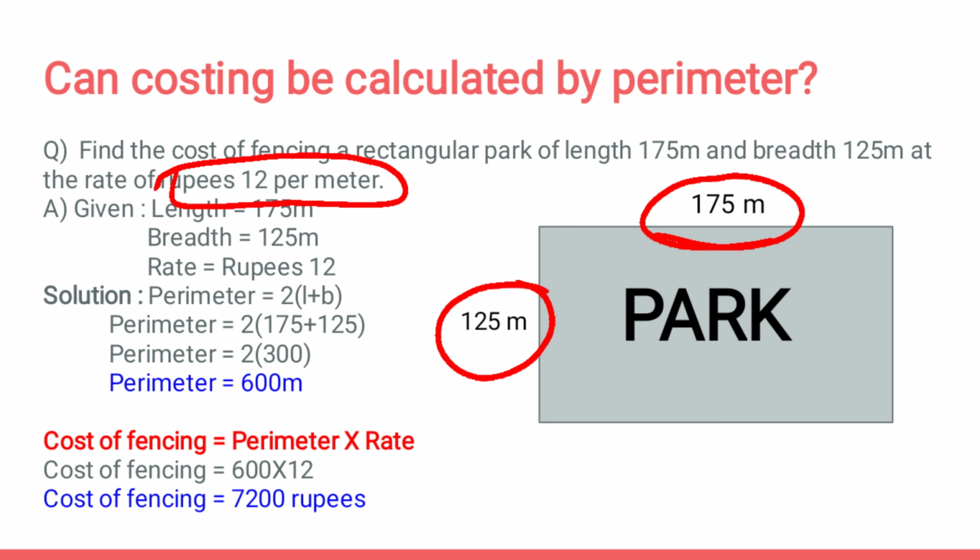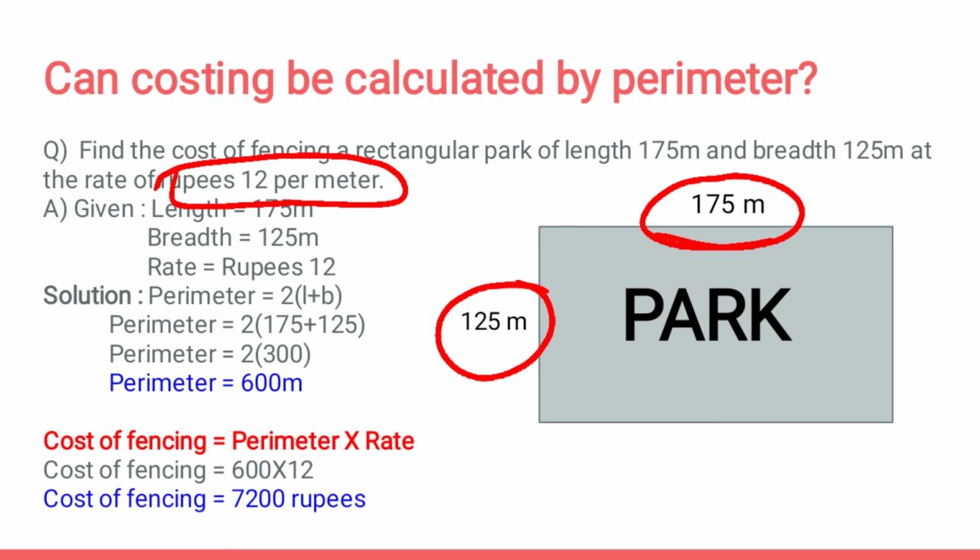Now, before finding the cost, we should know the length of the fence. And the length of the fence will be equal to the perimeter of the park. So what we need to do? We will just calculate the perimeter of the park and then we can calculate the cost of the fencing.